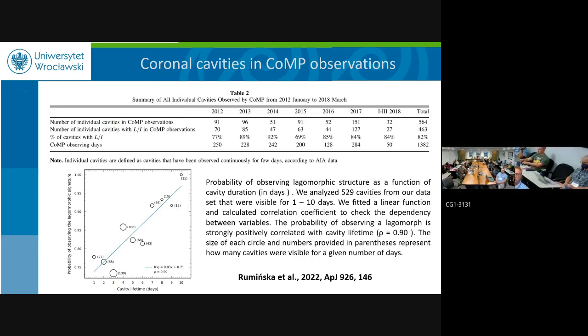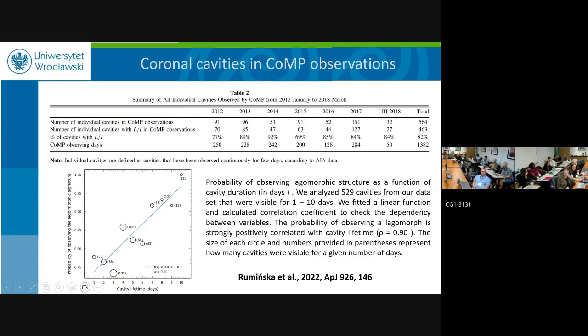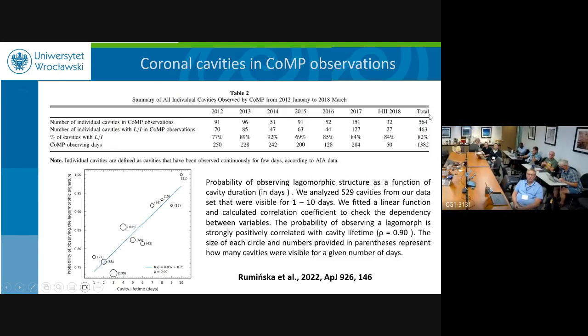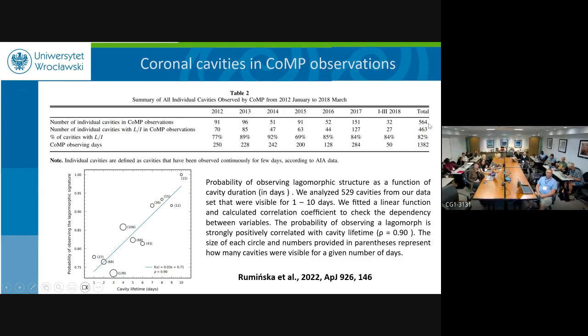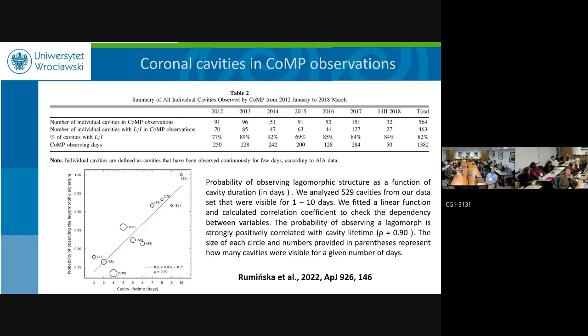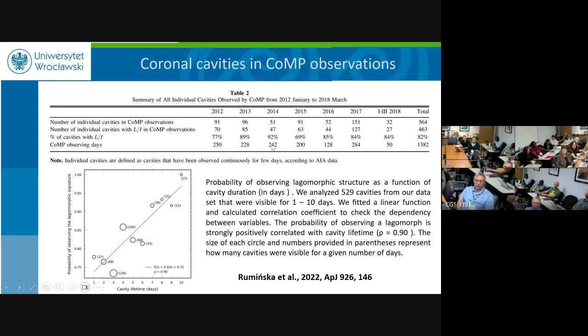In the table, you can see that she analyzed more than 500 individual cavities, but every cavity was observed for a few days. So she analyzed, in fact, 2,000 cavities if we count day by day, but it was more than 500 individual cavities. And this is the most important result here.